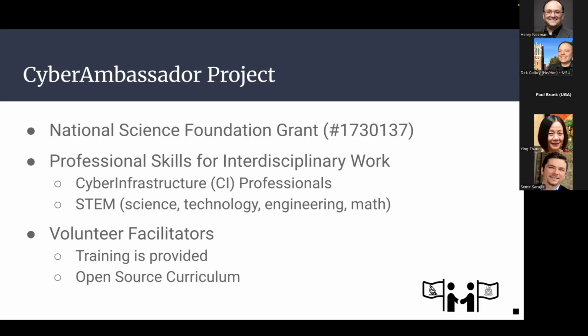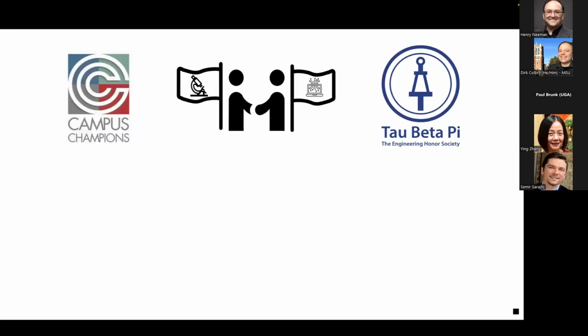The whole idea behind Cyber Ambassadors was I was a member of Campus Champions back in 2009, but I also taught professional skills training for Tau Beta Pi, which is the Engineering Honor Society. Tau Beta Pi had a great curriculum. They called it Engineering Futures, but it was developed in the 80s and it was copyrighted in a weird way. So it was getting a little old and we couldn't extend the curriculum very easily due to the copyright.